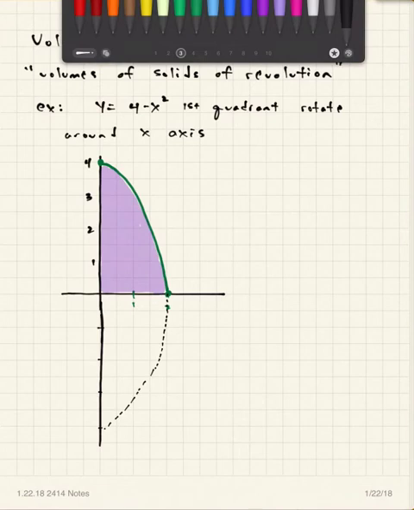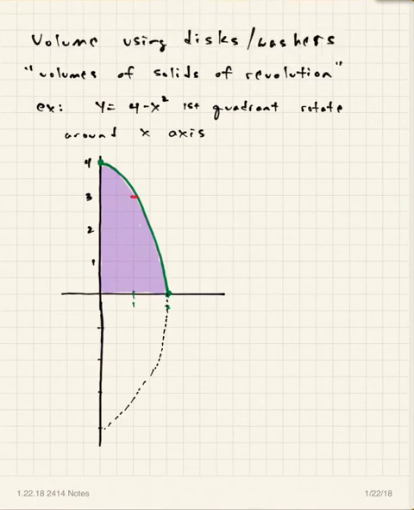When we draw in a representative rectangle in this region like this, what's going to happen? This rectangle is going to have a cross-section over here, down below the x-axis as we rotate. And as we rotate around, we're actually generating a disk. I'm going to draw that disk over to the side over here, like this.